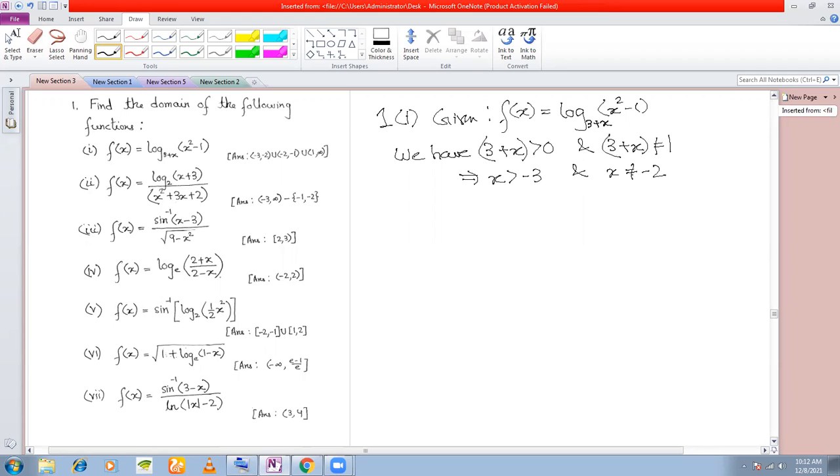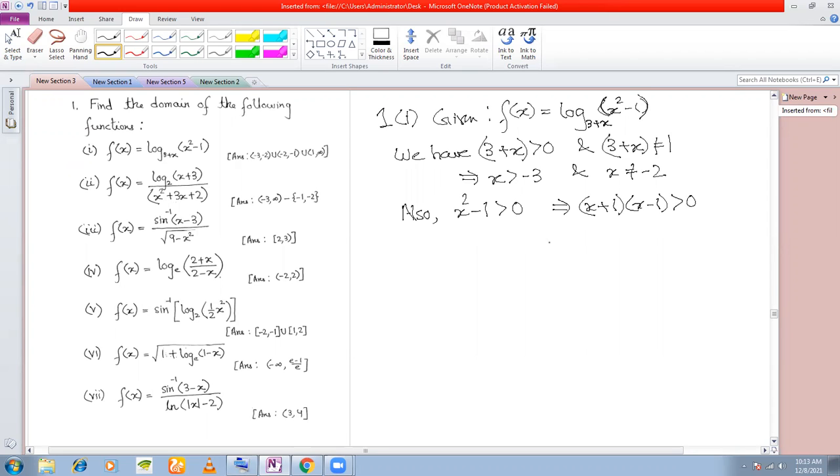Now, what is the next restriction? Whatever is within the log here must be positive. So that means x square minus 1 must be positive. That means (x plus 1) into (x minus 1) must be positive.